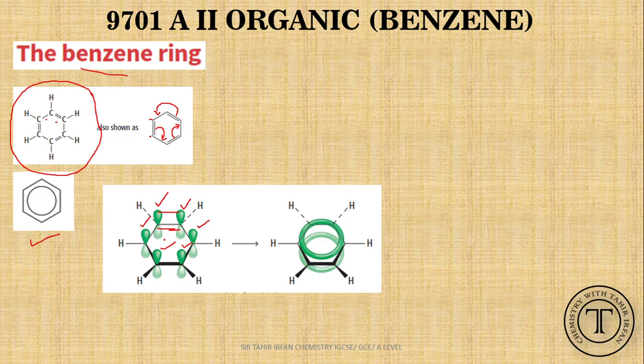That's why we put a round circle, that these 6 carbons can make double bonds towards either side. So basically, this shifting or delocalized double covalent bond gives extra strength and chemical stability to the benzene ring.